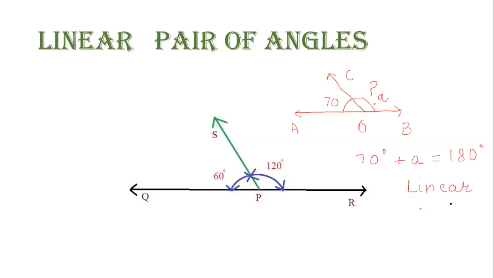We just need to write this. They make a linear pair. A is equal to 180 minus 70 degree. So it is equal to 110 degree. Like this, we use linear pair in our questions.